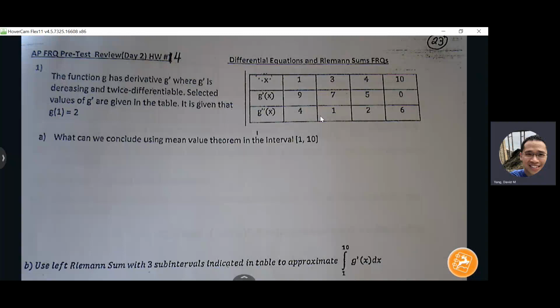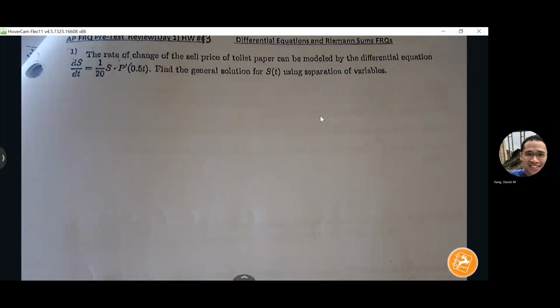Any questions for tomorrow? Okay. All right, let's work on some differential equations here. So page 19.